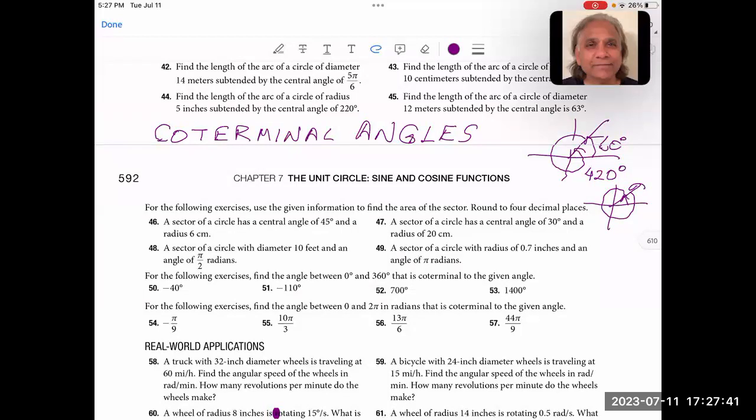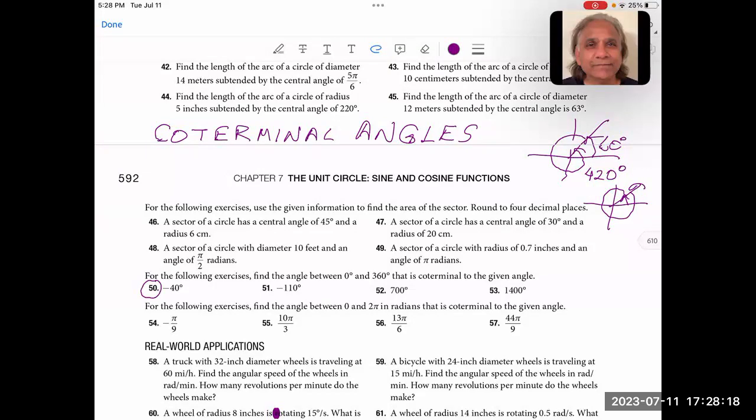So by either adding multiples of 360 or subtracting multiples of 360, you can get a whole set of coterminal angles. Similarly, if you're working in radians, then if you add multiples of 2 pi, or subtract multiples of 2 pi, you get a set of coterminal angles also. So let's look at problem number 50 over here.